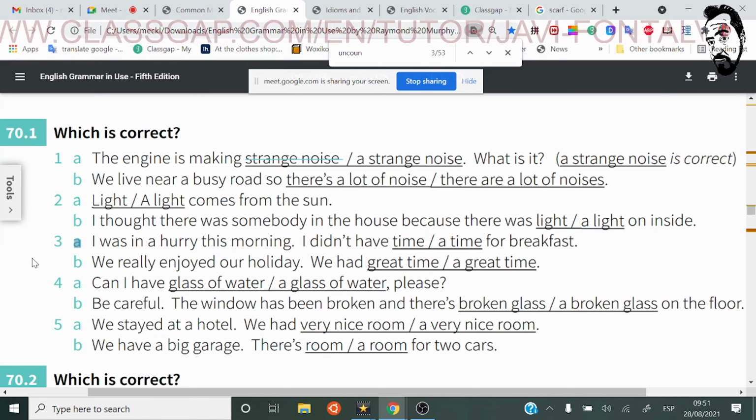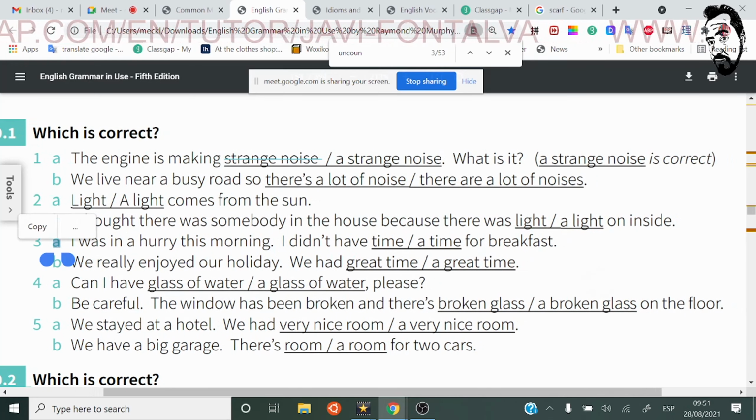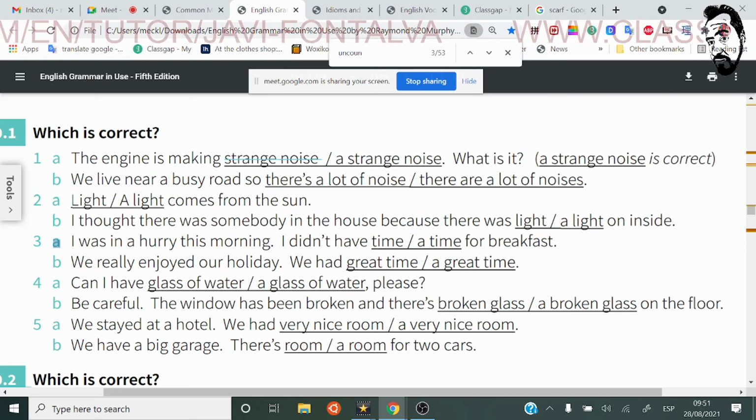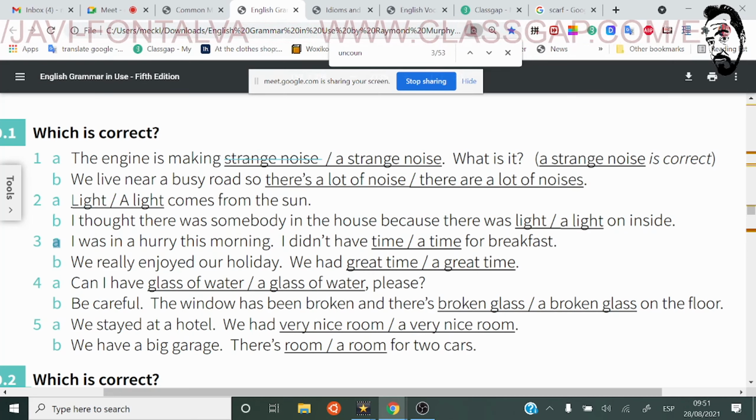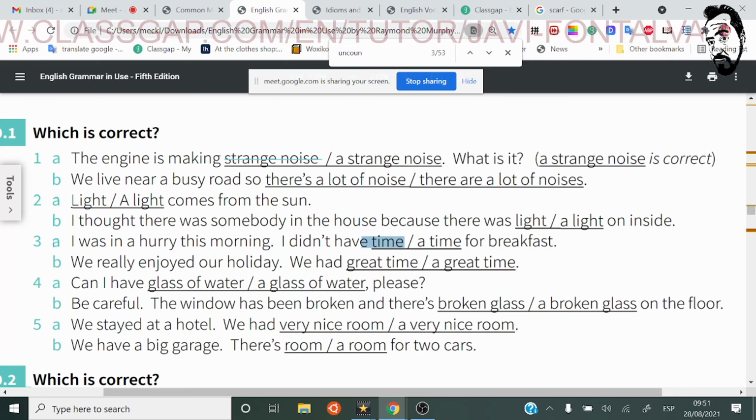3A. I was in a hurry this morning. I didn't have time for breakfast. We talk about seconds, minutes, in general. And 3B.